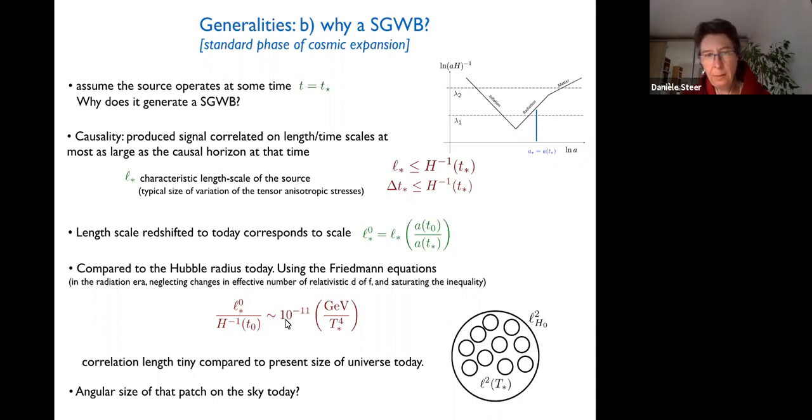I've also made a number of approximations, neglecting changes in the effective number of relativistic degrees of freedom. And I've assumed that there's no matter era, that we're in the radiation era all the way till today. But the order of magnitude is approximately this.